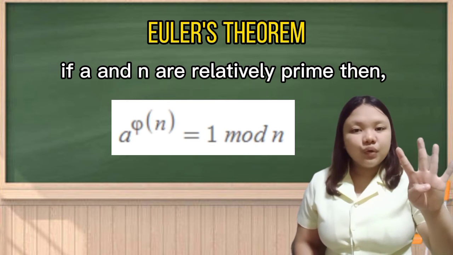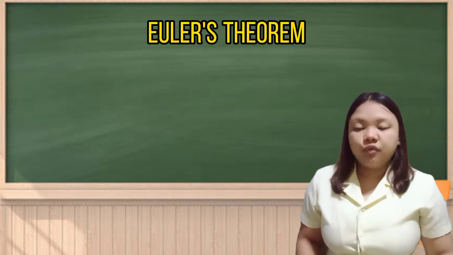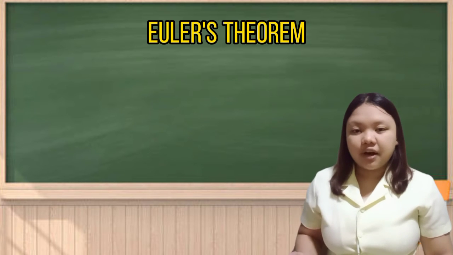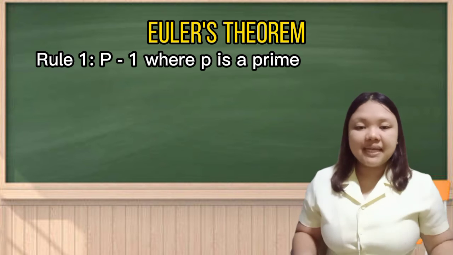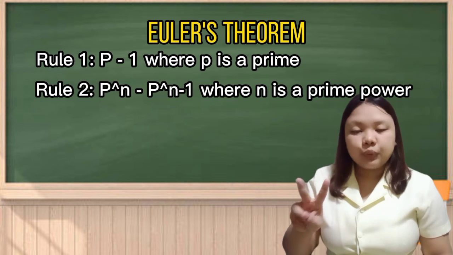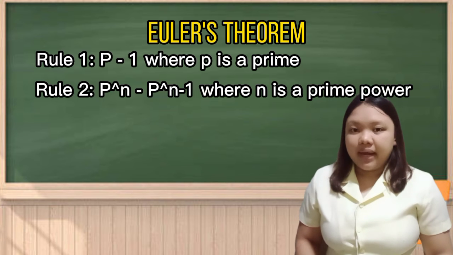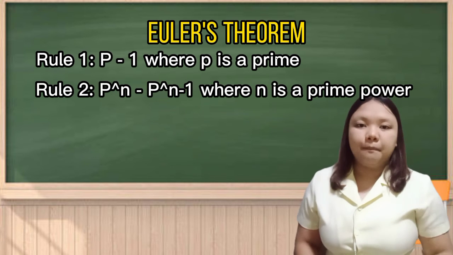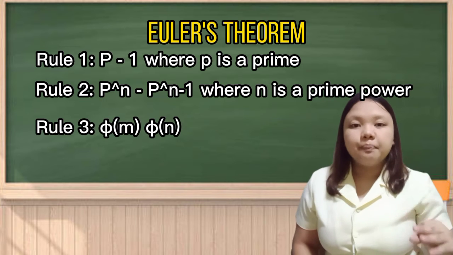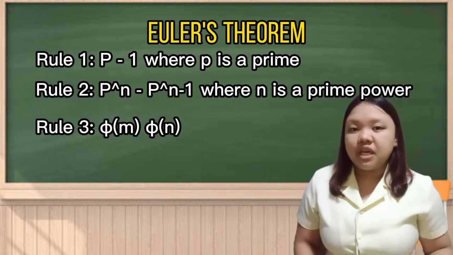There are four rules on Euler's theorem to verify that statement. Rule number 1: p minus 1, where p is a prime. Rule number 2: p raised to n minus p raised to n minus 1, where n is a prime power. Rule number 3: phi of m times phi of n.